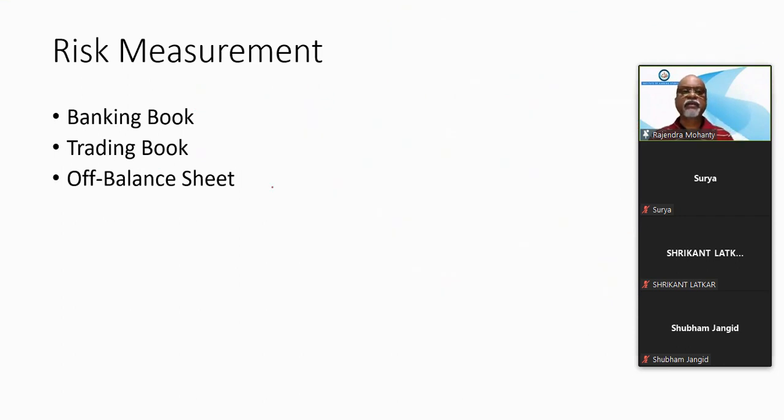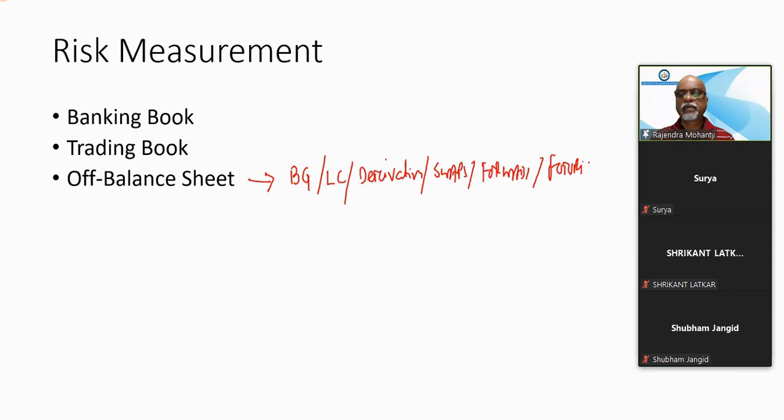The third one I'm going to explain is the off-balance sheet item. Off-balance sheet items are those like non-funded advances such as bank guarantee, LC, or derivatives. Then you can have swaps, forwards, futures for a contract. So these are the non-funded advances.